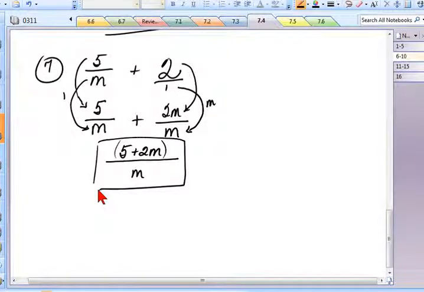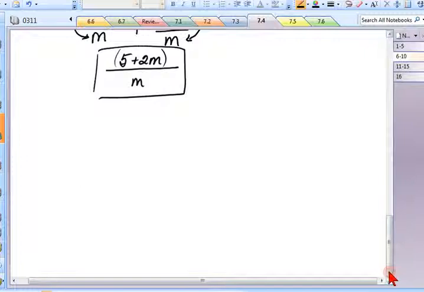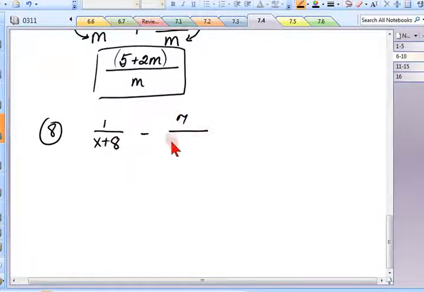Questions? Okay, let's look at number 8. I have 1 over x plus 8 minus 7 over, and this is already factored for us, x plus 8 quantity squared.